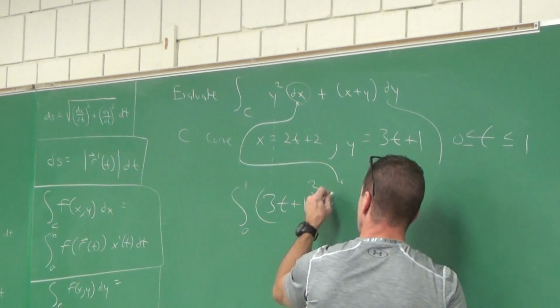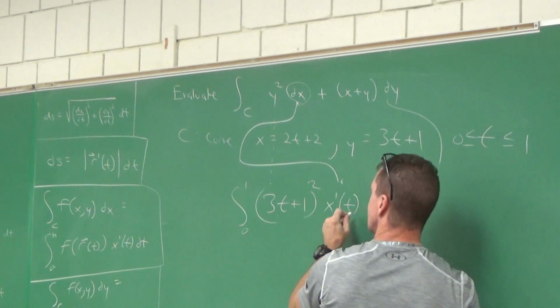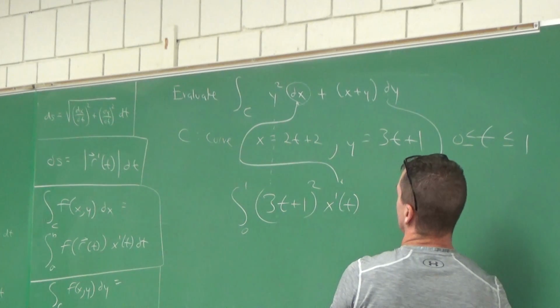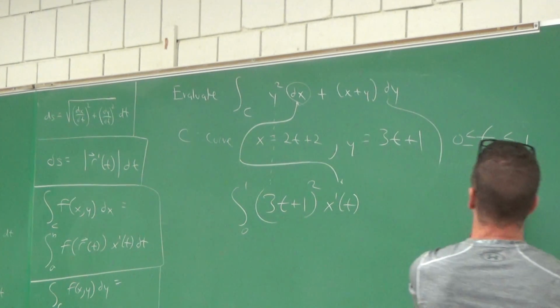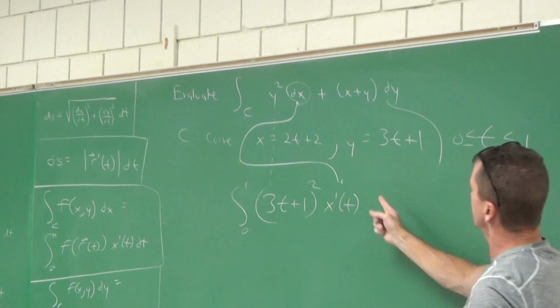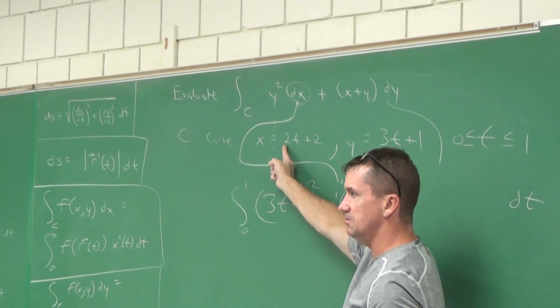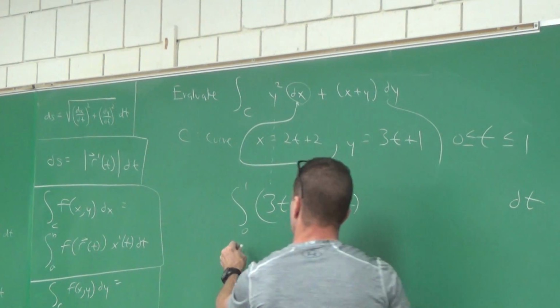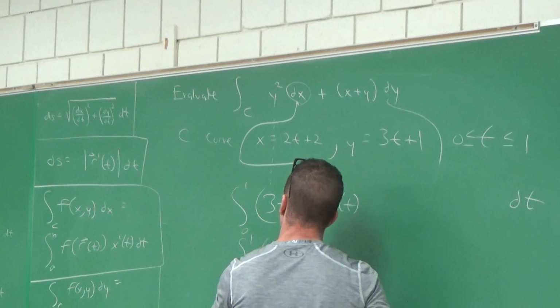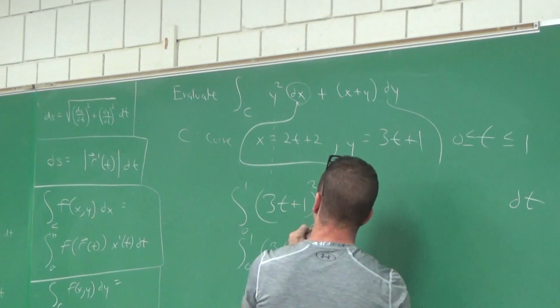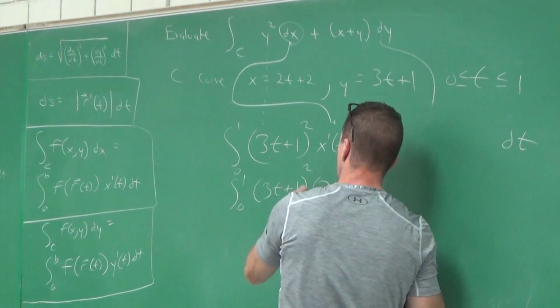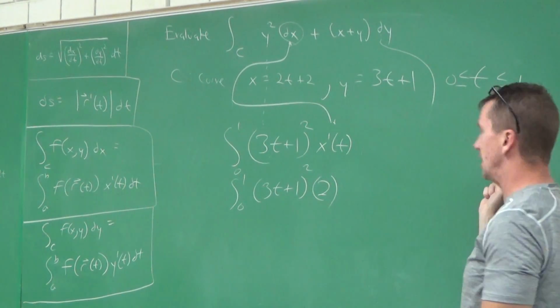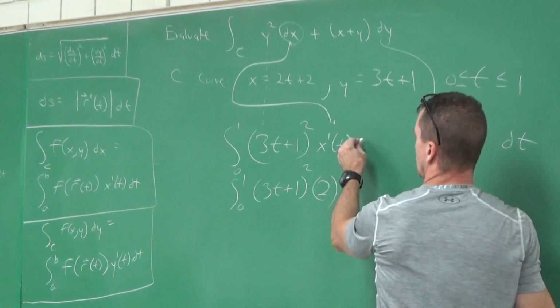It's the derivative of x with respect to t, dt. And what is the derivative of x with respect to t? What about the 2? I'll put the dt way at the end. So that's 2, right? I'll put a 2 right there. I'll write it right below it so you can look back and see where that 2 came from. And I'm putting the dt way down here at the end so that we can do everything in one line.